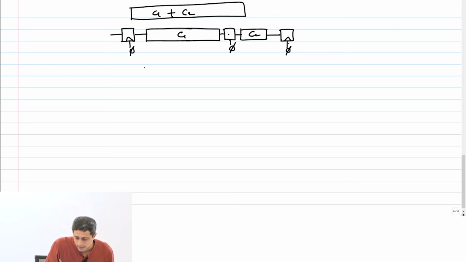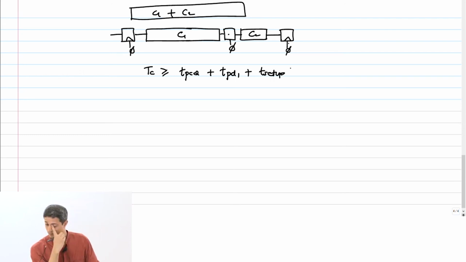So my Tc condition should be greater than or equal to what? T PCQ, plus TPD1, plus T setup.